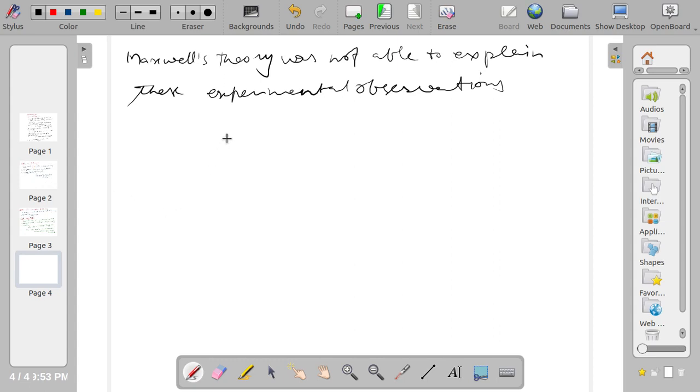And the experimental setup proposed by Lenard is a complete experiment. So let us have a look at that.